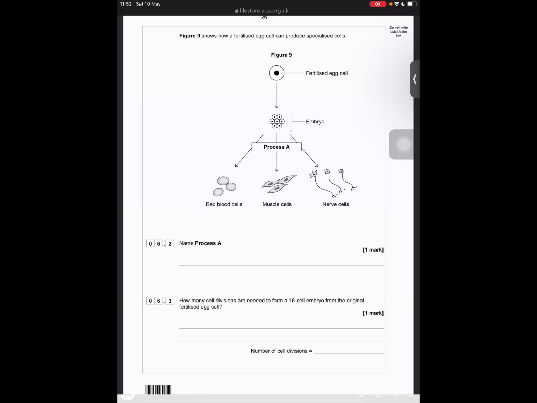Using my imagination, it's looking a bit confusing, so let me write it down. The first cell division creates two. The next cell division gives us two out of those two. That's one, two, three.